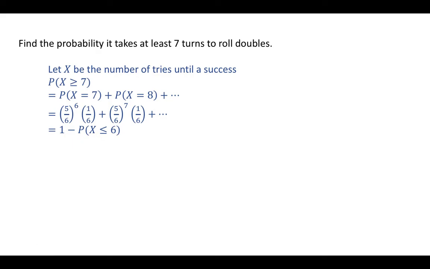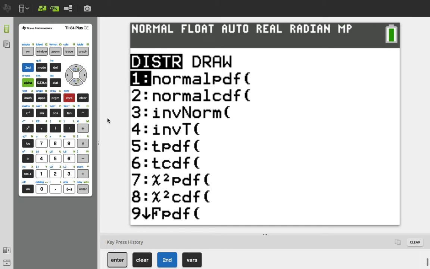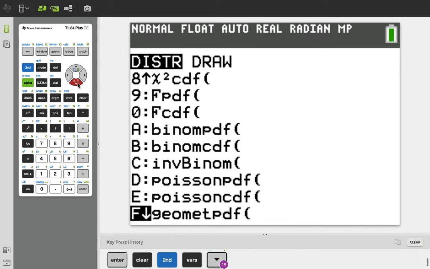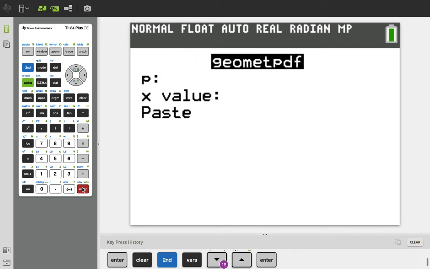The nice thing is we can use the calculator, and there's a geometric PDF and a CDF. I'm going to show you that. We go to second distribution, and I think it's all the way at the bottom. Okay, so PDF is if we just wanted one trial. So let's say we wanted it to happen exactly on the 7th try.